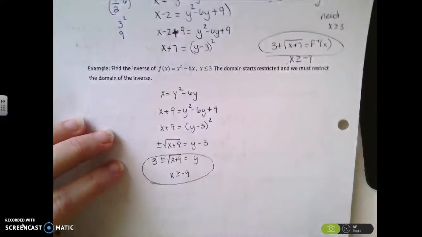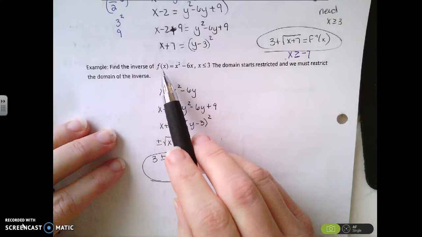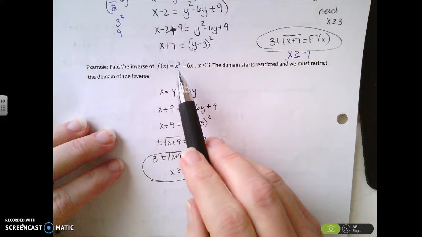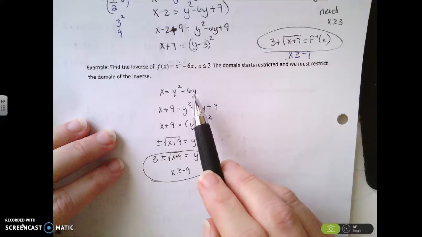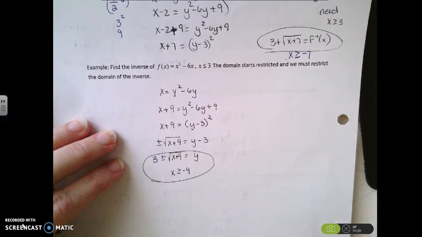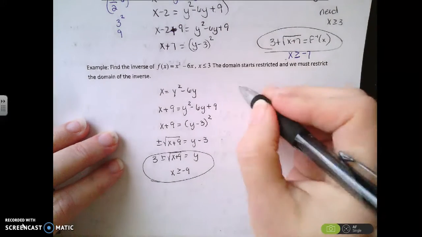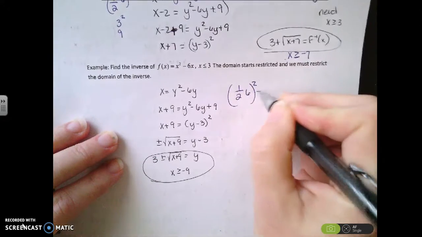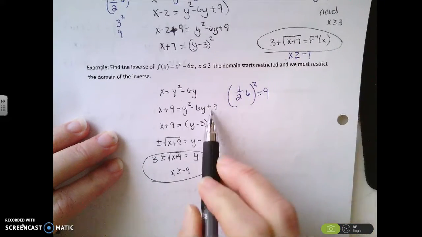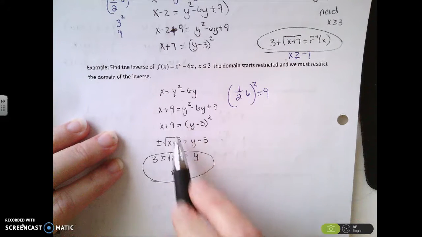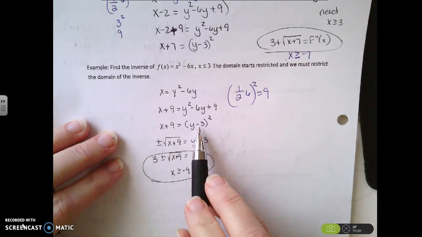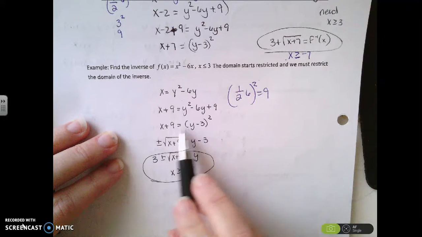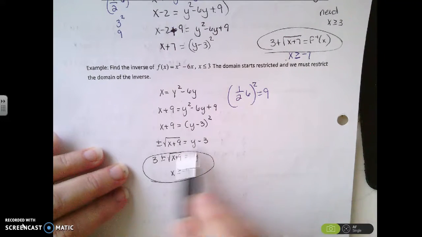Okay, so let's look at another example. Again, I've gone ahead and switched it, so I've got x equals y squared plus minus 6y. I'm going to go ahead and complete the square, so half of 6 squared equals 9, and I'm going to add 9 to both sides. I'm going to factor this part here, which is a trinomial square, and I get y minus 3 squared, and then I'm going to square root both sides.